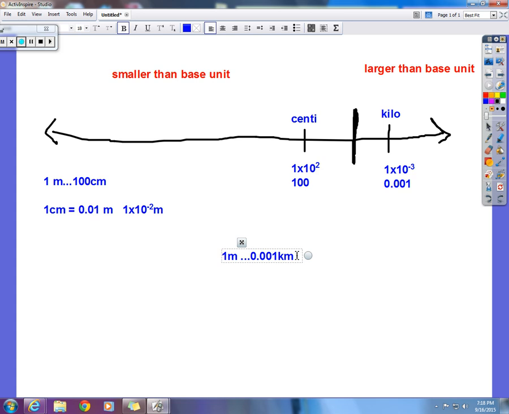If we go back and talk about kilograms, or kilometers, that same way, 1 kilometer is equivalent to 1,000 meters, or 1 times 10 to the positive 3 meters. But again, I wanted to keep those meters as 1. I wanted to keep that base unit always 1.